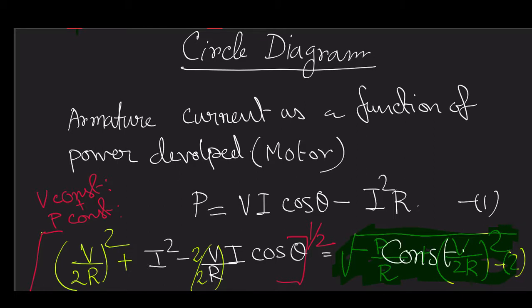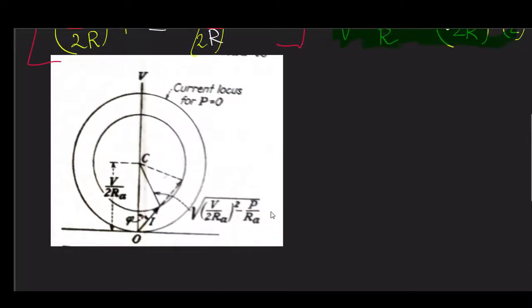So if this is constant and this is also constant, what you have here is very interesting: it is the diagram of this. I have taken it from the book of S. Langsdorff.